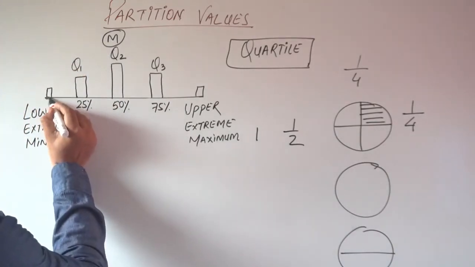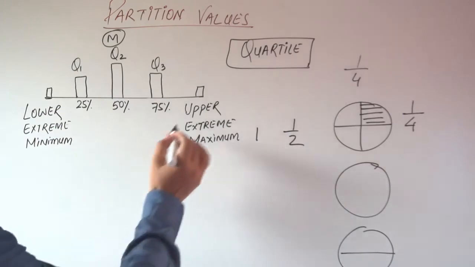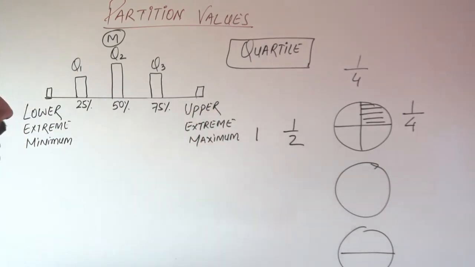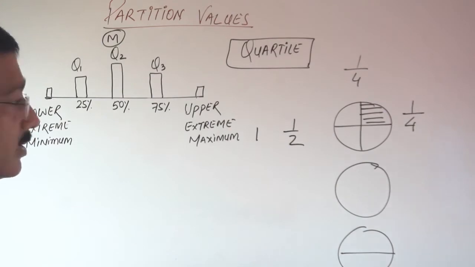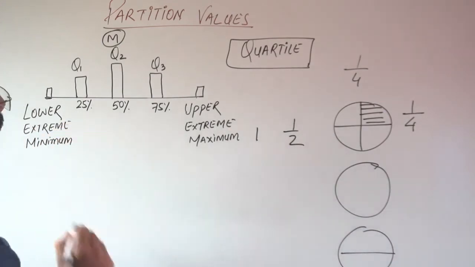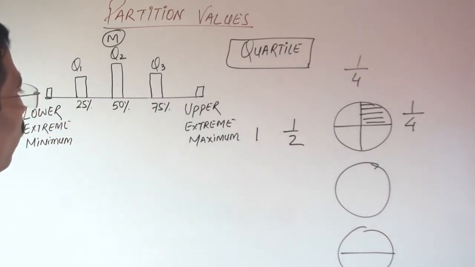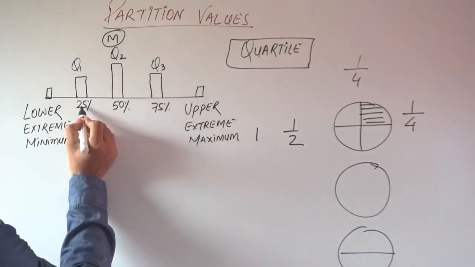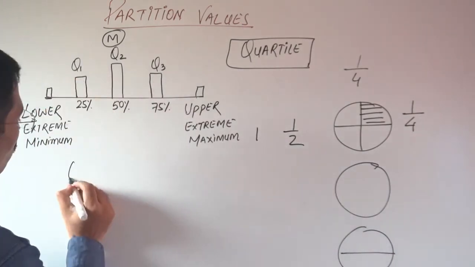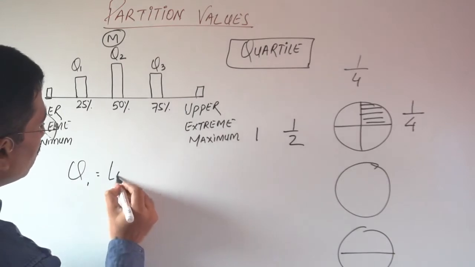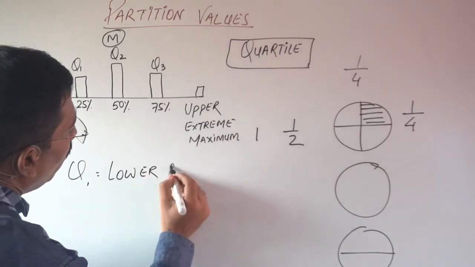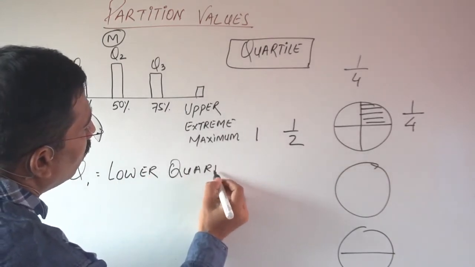The first portion is called the lower extreme, the minimum, and the last one is the upper extreme, the maximum, in a series. Here I have classified it into four categories. The first one is 25%, that is called Q1, the lower quartile.